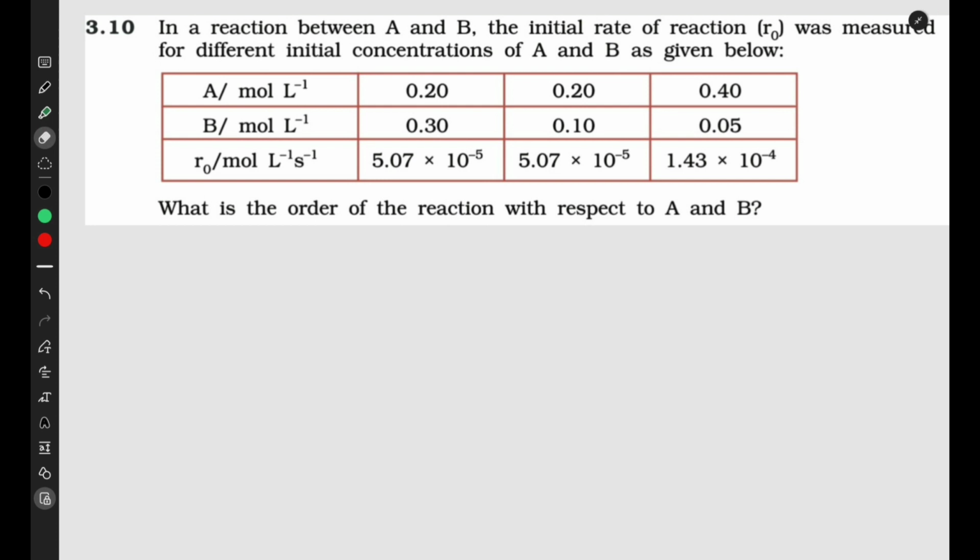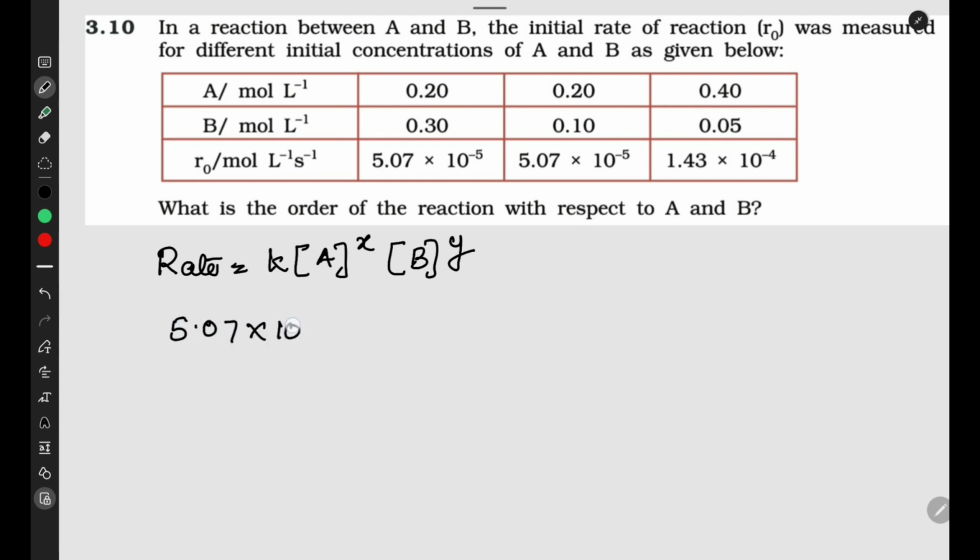Reaction between A and B, the initial rate of reaction was measured for different initial concentrations of A and B as given below. What is the order of the reaction with respect to A and B? So let us write the general rate law expression. Rate equal to K into concentration of A raised to X into concentration of B raised to Y. 5.07 into 10 raised to minus 5 is equal to K into 0.20 raised to X into 0.30 raised to Y. Let it be equation 1.